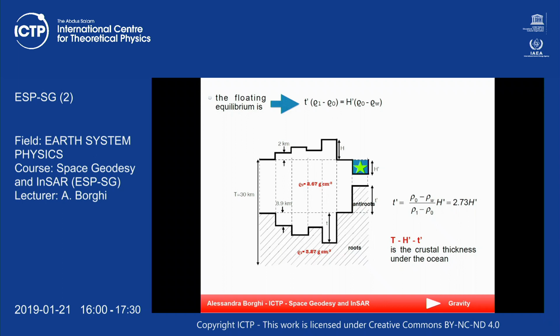And this is the formula that you obtain. So for each point you have to check where you are and which correction to apply, for the water: the H greater than 0 or the H less than 0 case, you have to deal with in a different way to find the thickness of the crust.